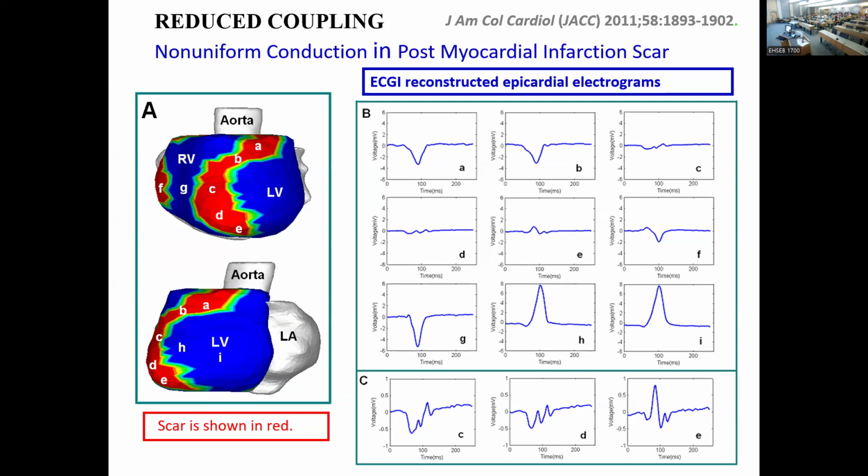In contrast, if you look at D, which is at the heart of the scar, you can see multiple small deflections. This is the fractionated electrogram that I told you about. On a large scale, you can see it here: 1, 2, 3 deflections of low voltage. So what we did was collect all of those fractionated electrograms, and that gave us the red region that you see.